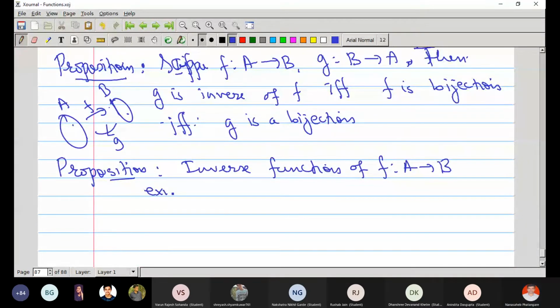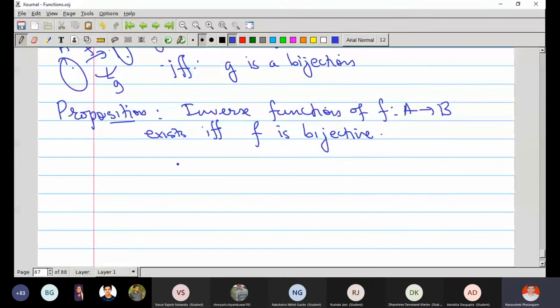It exists if and only if the function is bijective. Just recall the previous discussion. f is a bijection. So if f is bijective, then certainly we can find the inverse function. This is what we discussed in the previous discussion.